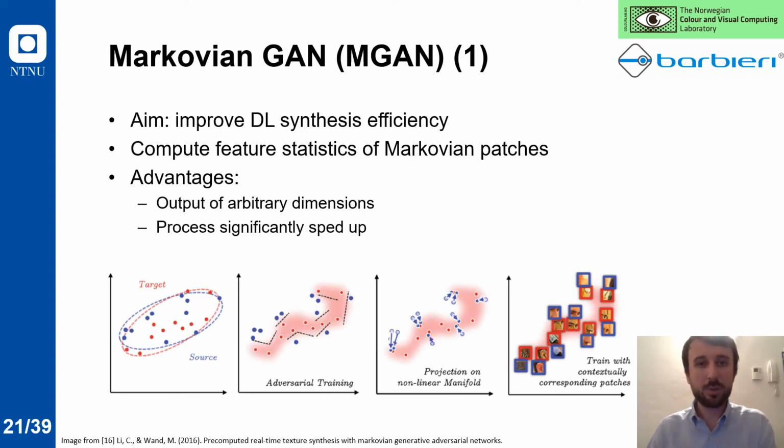A first approach based on GANs to texture synthesis was developed in 2016 by Li and Wand, and it's called Markovian GAN, or MGAN. The aim of this work was to improve the deep learning synthesis efficiency, and this was achieved by computing feature statistics based on Markov random fields.